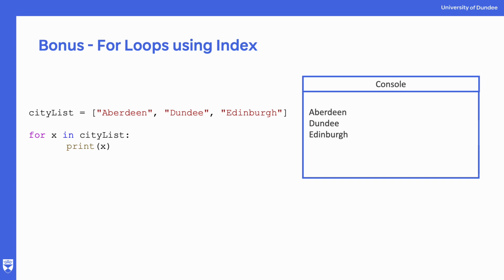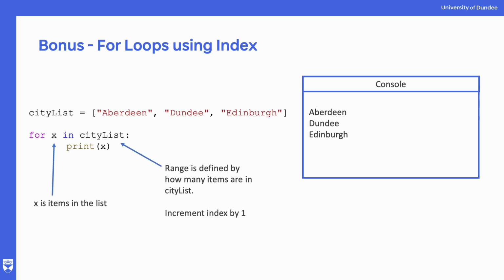So if you know that you want to go through every single item in a list, you can have something slightly simplified. So you can say for X, which is an item in the list, for X items in the list, then that range is defined by how many items are already there. We're going to increment by 1, same as before.